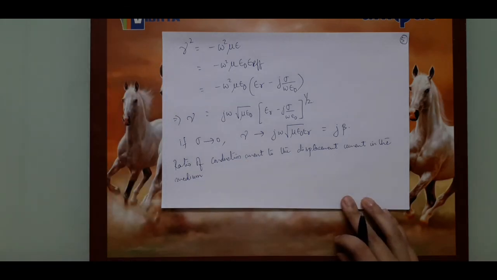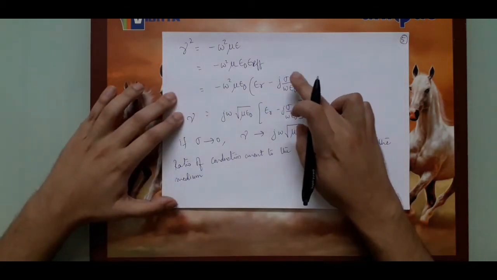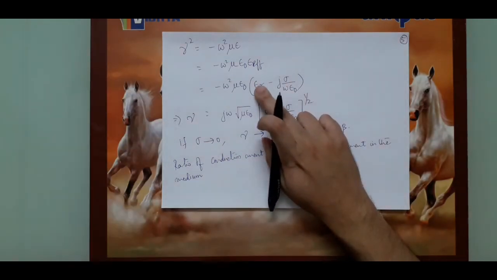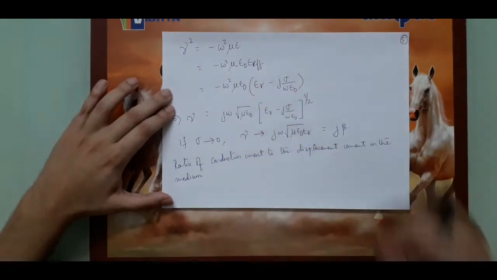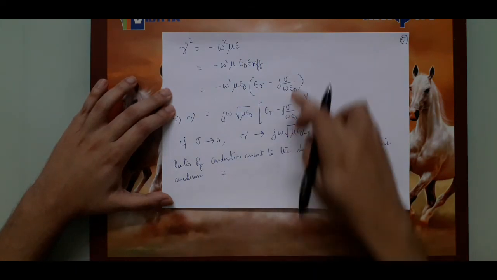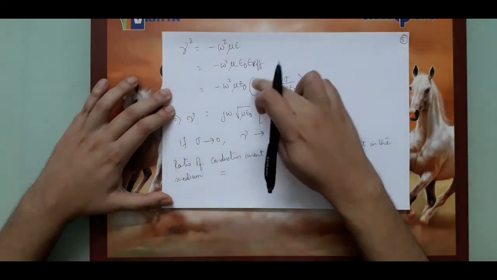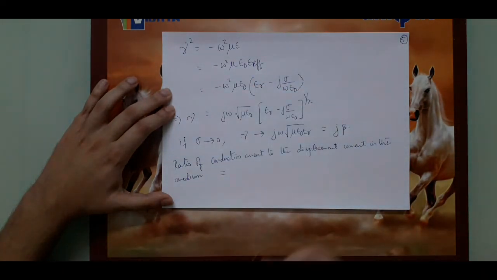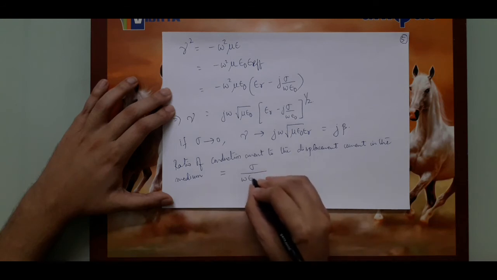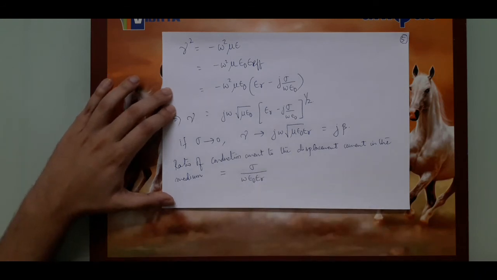So what is that? We had seen this is the indication of the conduction current, and this is the indication of the displacement current. So this ratio would be the imaginary term divided by the real term. That is nothing but sigma divided by omega epsilon 0 epsilon r.